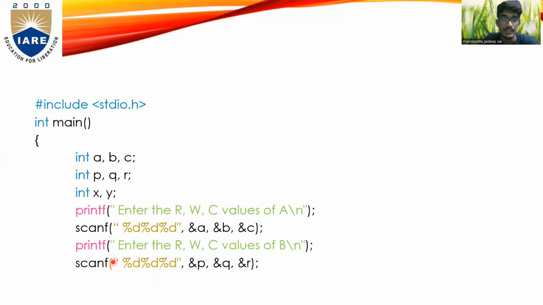In scanf function, we have to use double asterisk to make the percentage values. So after the ending of this value, we are putting the comma, and after that ampersand p comma ampersand q comma ampersand r, and terminating this line by using the semicolon.